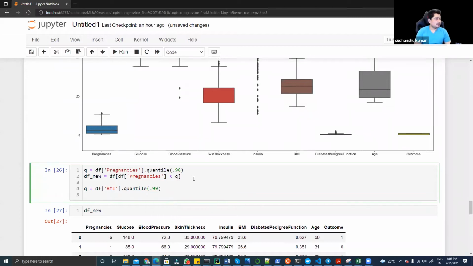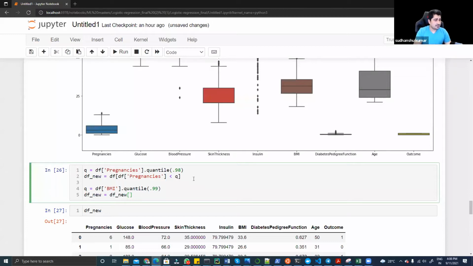So I can write it in this way: BMI and data frame underscore new, the same variable I'm going to override. Here I can write data frame underscore new, because we can't take the data of DF as of now, because we have to work on a new data frame where we have already lost some of the data with respect to the pregnancies column.